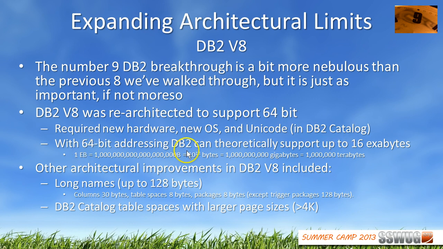We got 64-bit addressing, meaning 16 exabytes of addressing capability, which is a significant amount, probably take most of us to our retirement. We've got long names, up to 128 bytes in some circumstances, and table spaces with larger page sizes in the catalog. It was a significant re-architecture of the DBMS, and really there was more new lines of code in version 8 than there were lines of code initially in version 1 of DB2.